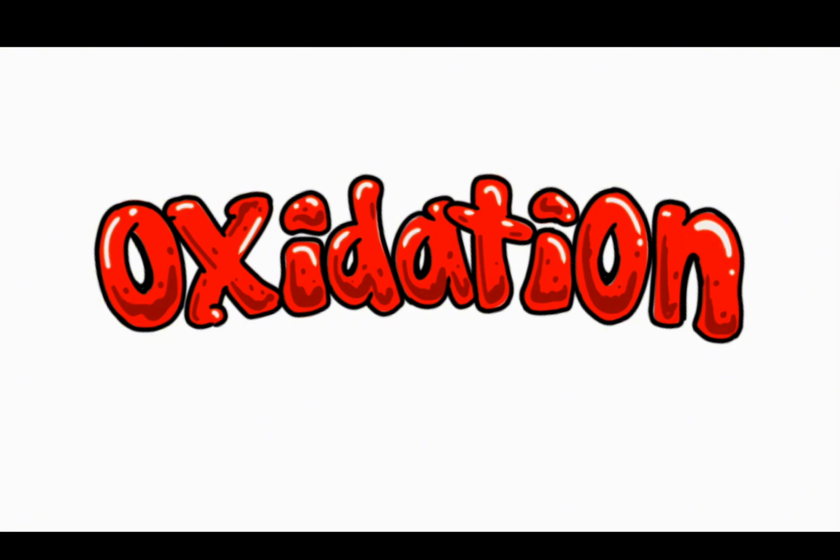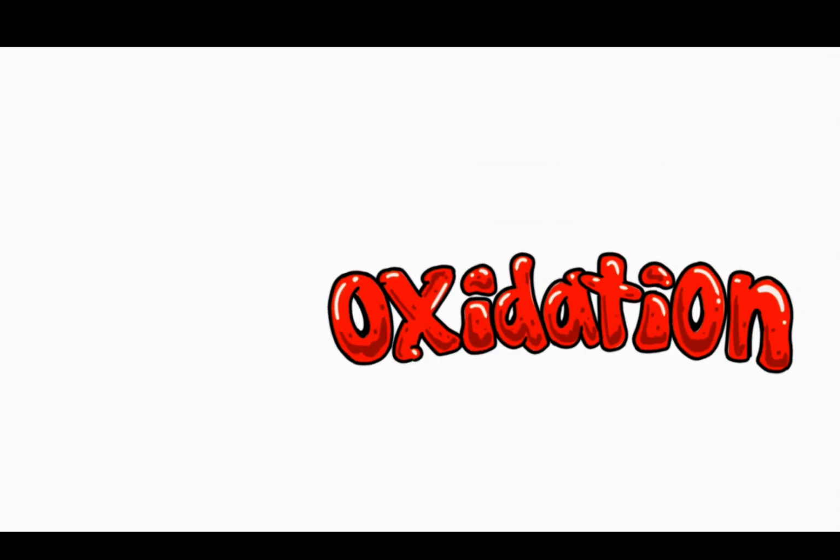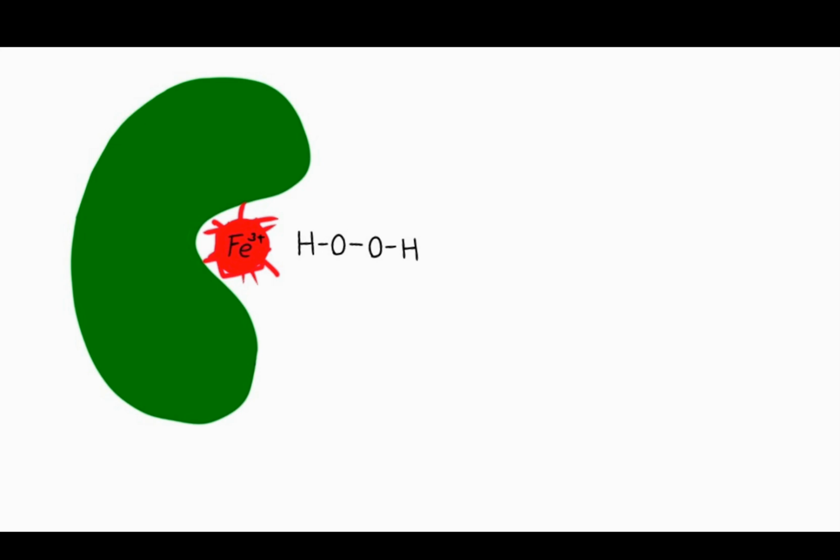Yo, TPO. Let's kick it. Alright, stop. Collaborate and listen. TPO's back with an oxidation mission. Heme groups got iron in tightly, needing hydrogen peroxide daily and nightly. Iodide rolls in through sodium symport.